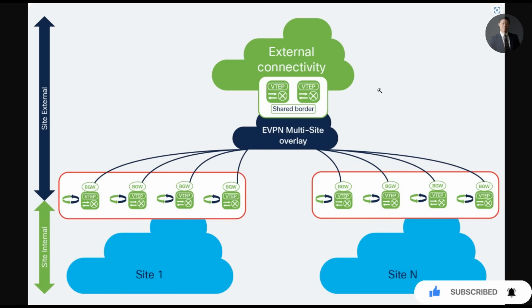So one solution, with redundancy between the sites, that also provides a cost-effective way to connect each site to the internet or external sites is by using shared services through a shared border. The shared border technology is commonly used in the latest developments.